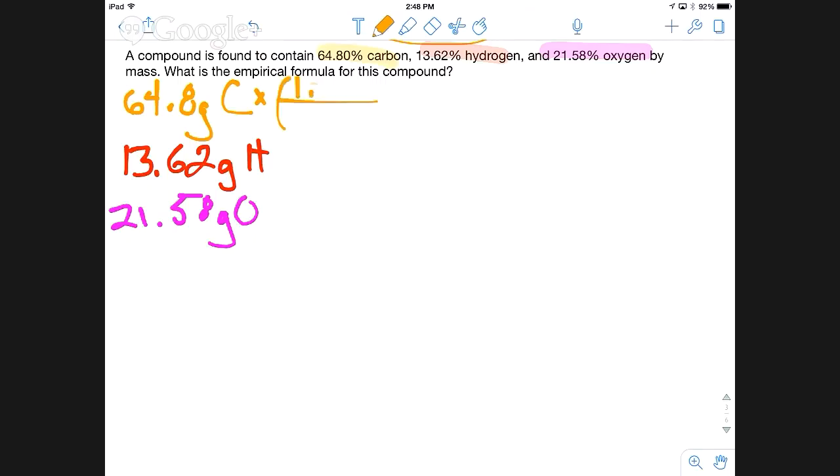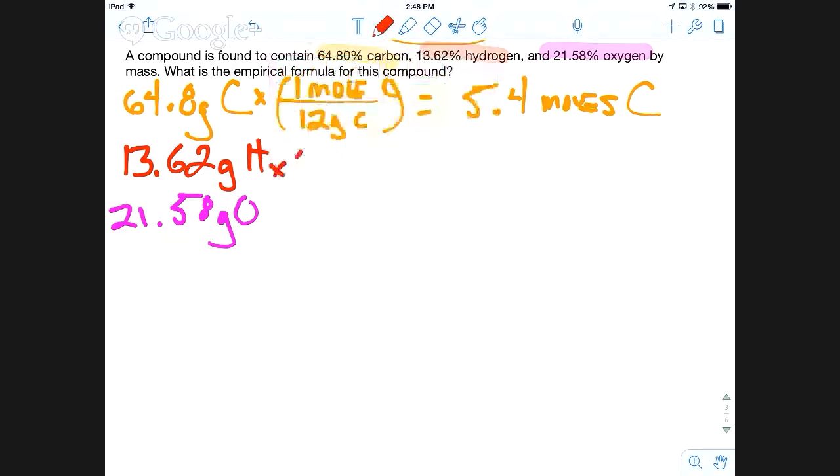I know that 1 mole of carbon weighs 12 grams. I hope these numbers work out because I just kind of made them up on the fly. But 64.8 divided by 12 is 5.4, and that would now be moles of carbon.